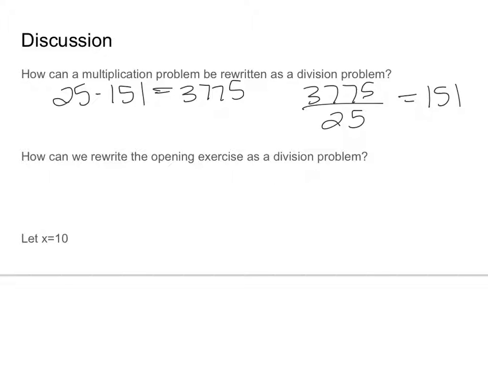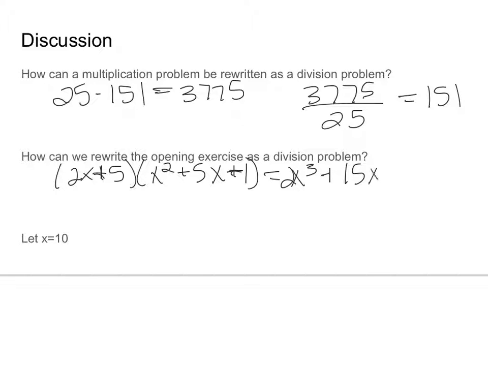The opening exercise was 2x plus 5 times x squared plus 5x plus 1 equals 2x cubed plus 15x squared plus 27x plus 5.